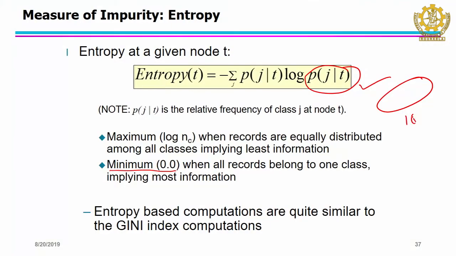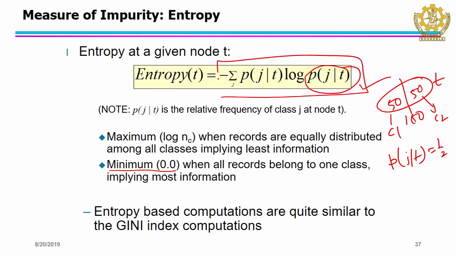Suppose you have a total of 100 objects, and out of that 50 objects belong to class C1 and another 50 objects belong to class C2. Therefore, Pjt for each class at the node T will be 0.5. If you take the summation over this value, we will get log NC.